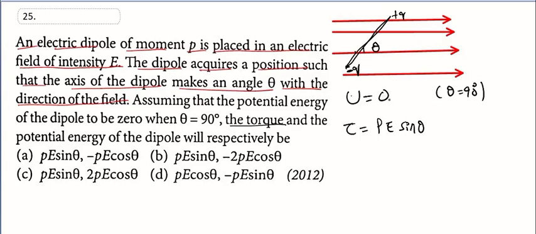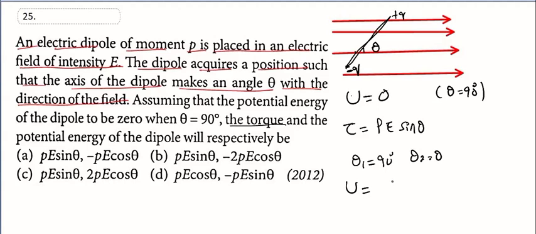Okay, so PE sin theta. The potential energy is 0 at 90 degrees, he says. It makes an angle theta, rotation theta. So theta 1 becomes 90 degree and theta 2 becomes a certain angle. So this is the potential energy.